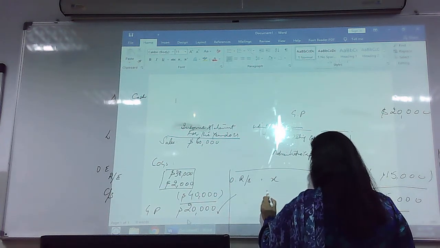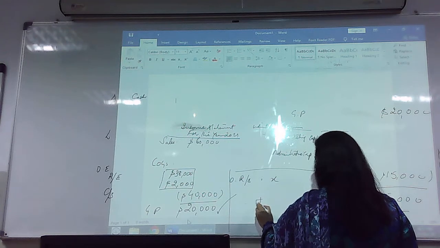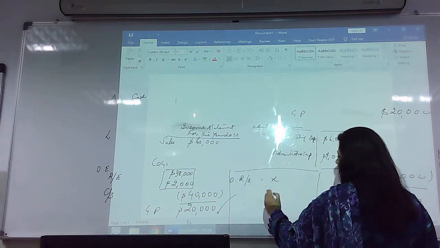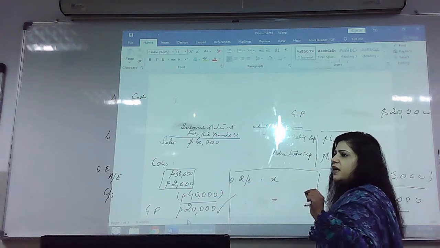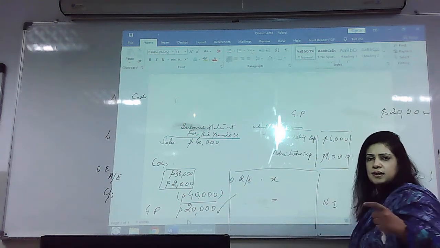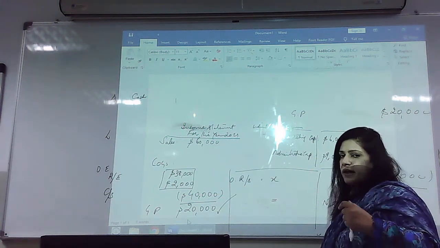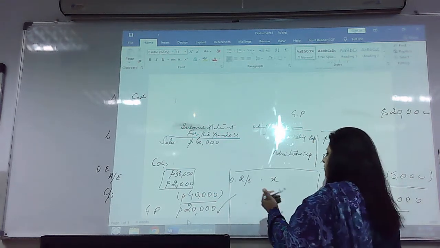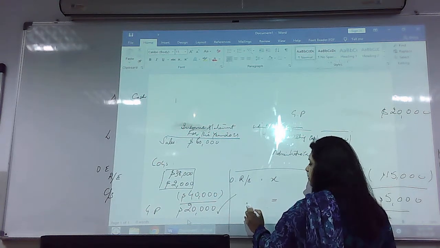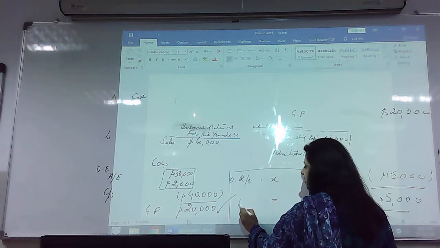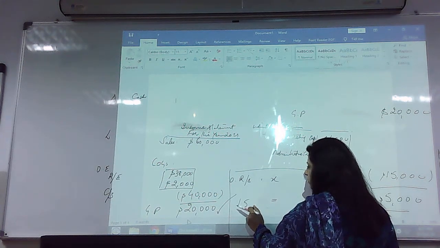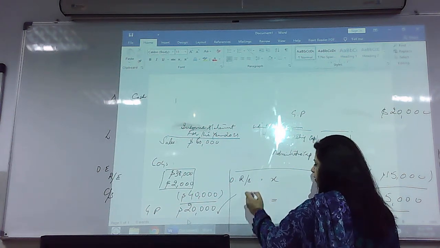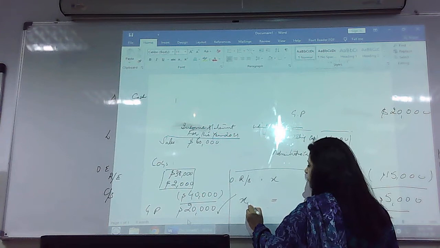And I say that any amount of net income that was included, because when you say that retained earnings increased, the only way the retained earnings can increase is through the net income, okay? So that means that if they say that there was a 50% increase, first of all, 50%, but I need to find out what is the value of X. So what is the 50% first of all?